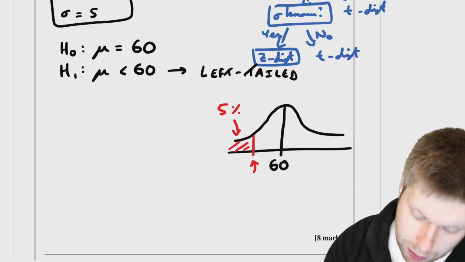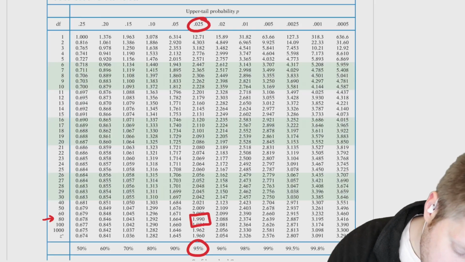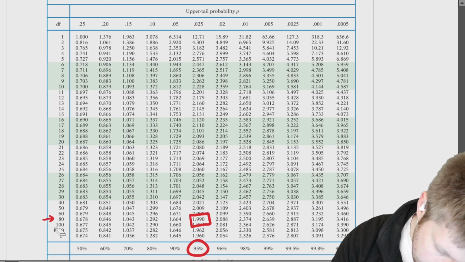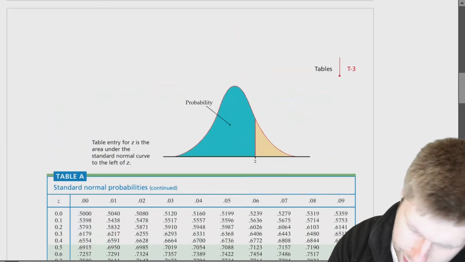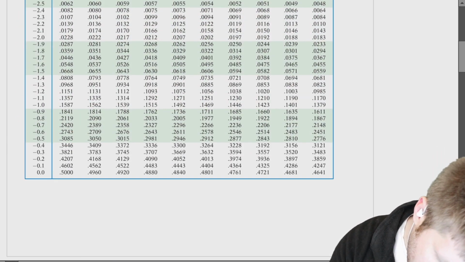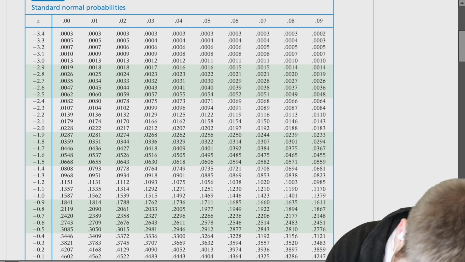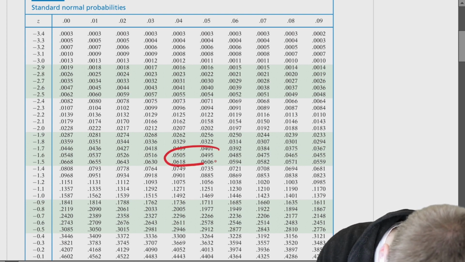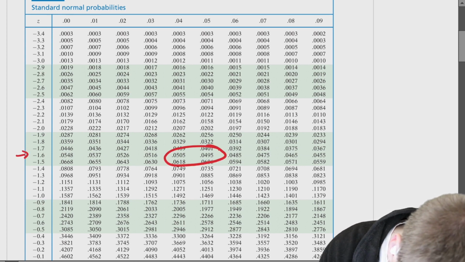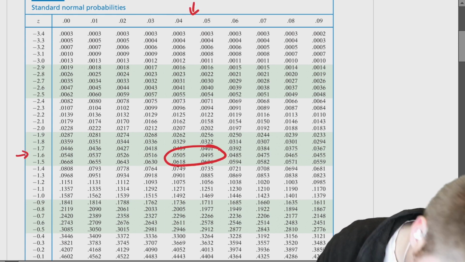So what's the probability that I end up less than 5%? If I come to my Z tables, I'm looking for 0.05, or as close to it as possible. Well, it's halfway between those two, so it's going to be about negative 1.645.